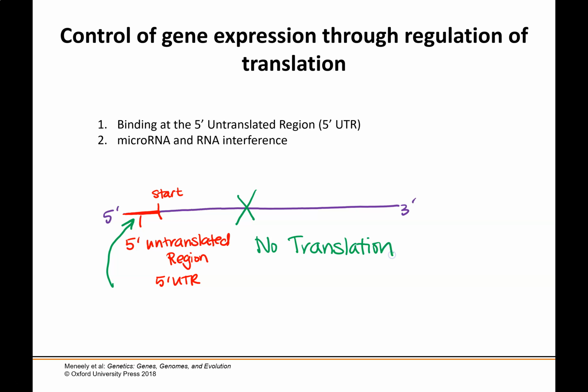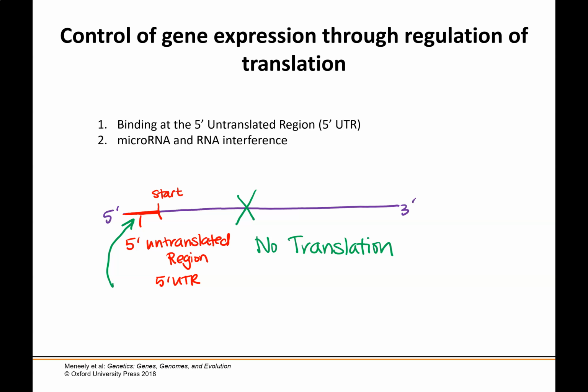Now this might be a temporary thing or it might be permanent. If it's permanent, then the messenger RNA is going to be degraded and not turned into a protein. Our book doesn't go into a lot of detail on this, so I am not either, but I wanted to bring this in since we did talk about regulation so much in chapter 12.